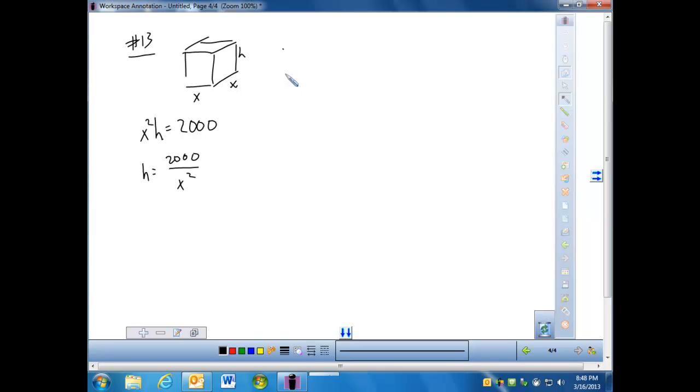And now I'm going to optimize the cost of this. This is telling me what are the dimensions that have the least cost. The cost is going to be 2 times as much to cover the part that is the bases of this container, and that's why that 2 comes from out in front of my 2x squared. 2x squared is just the surface area of the top and the bottom, and then the 4xh is the surface area of the 4 other sides.